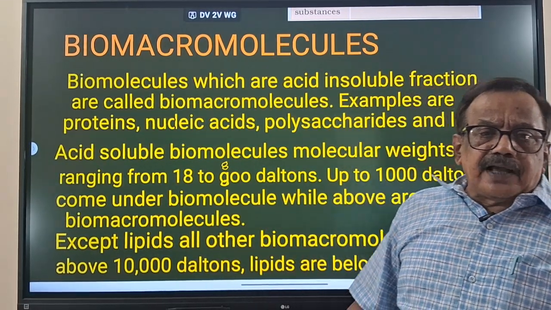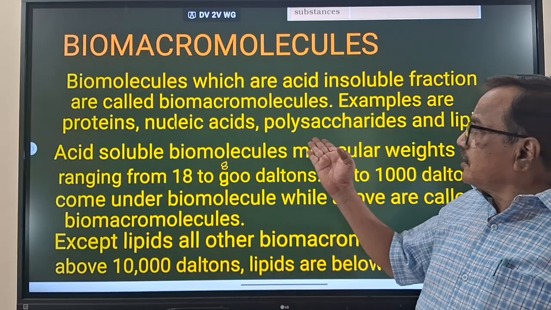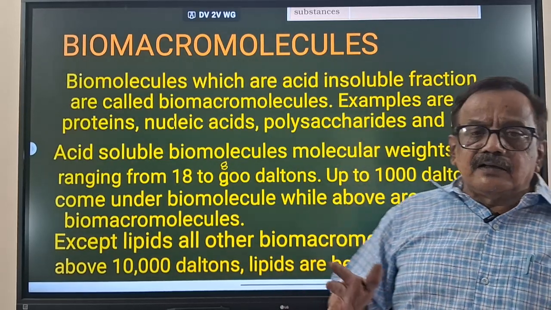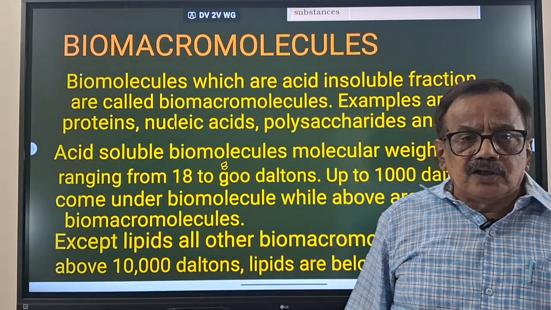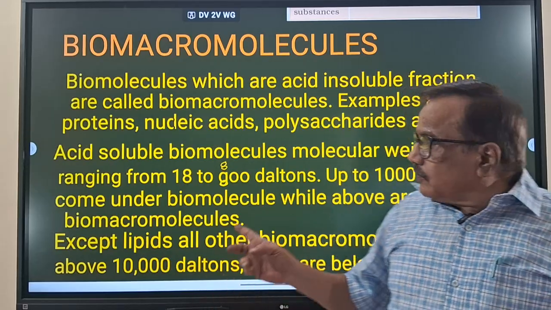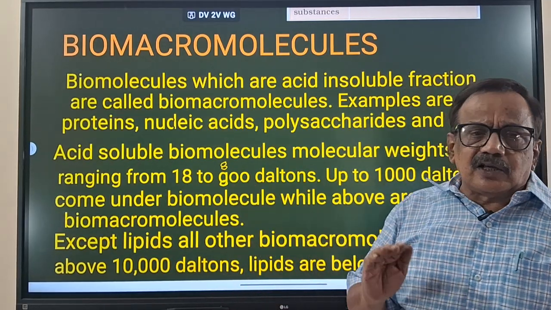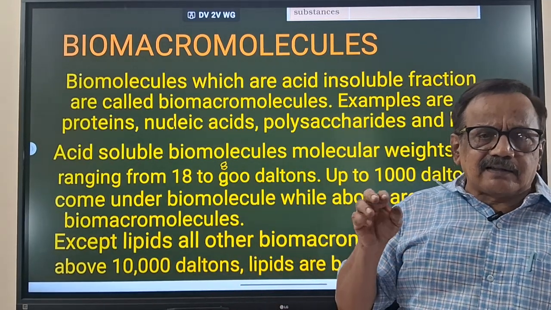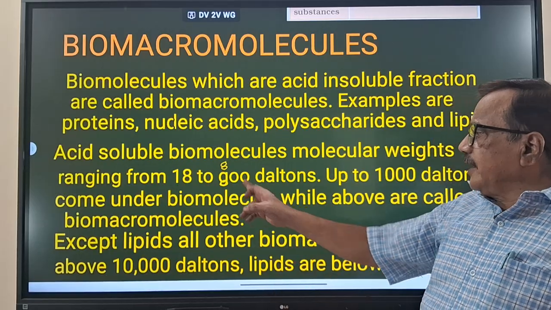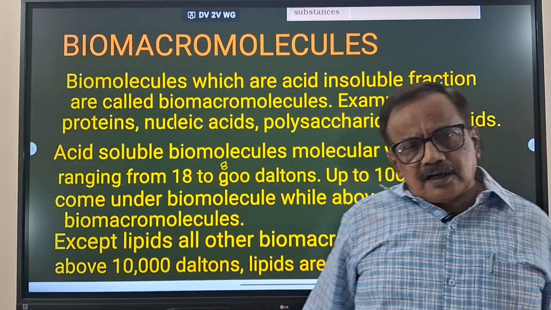And the macromolecules, which are the proteins, polysaccharides and all, are the big ones. So generally the acid soluble pool's size will be 80 to 800 daltons.